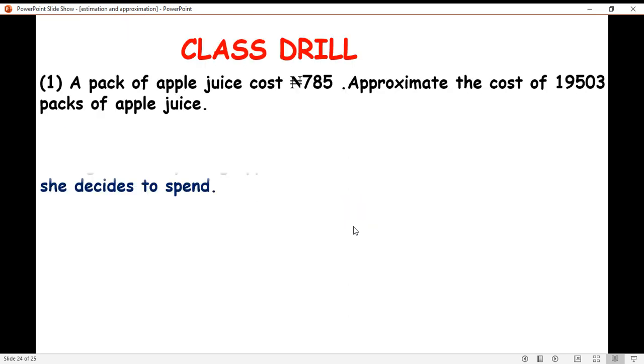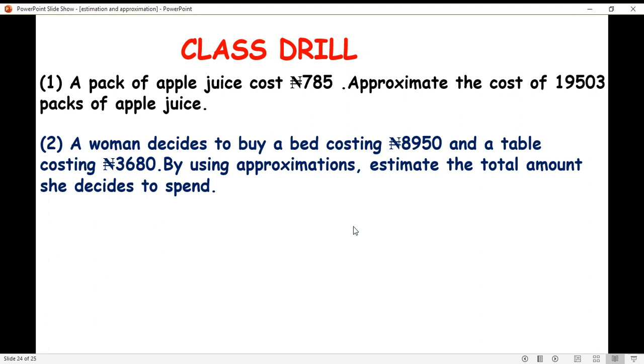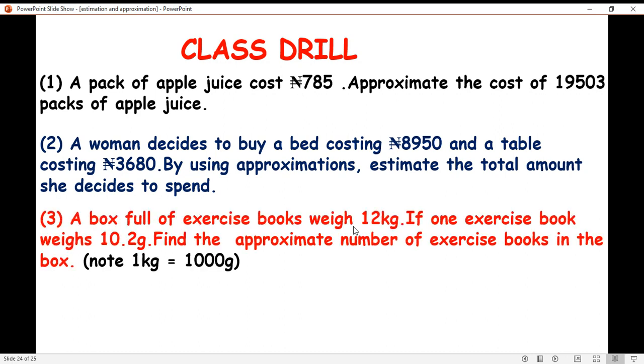Then there are a series of problems here we are going to solve. Just try to practice this. For the first question, you're told that a pack of apple juice costs 285 naira. You're told to approximate the cost of 19,503 packs of apple juice.